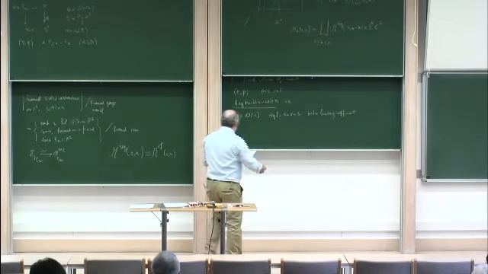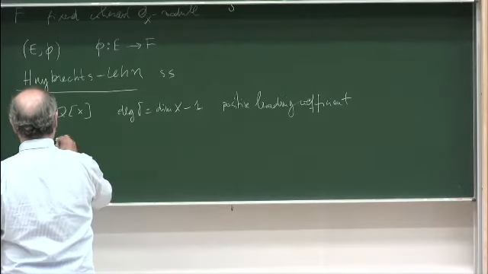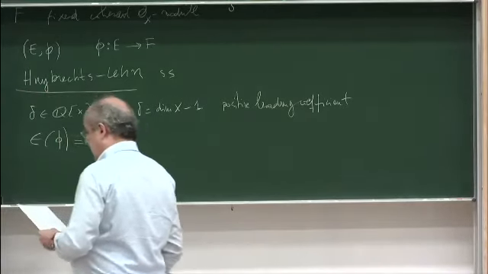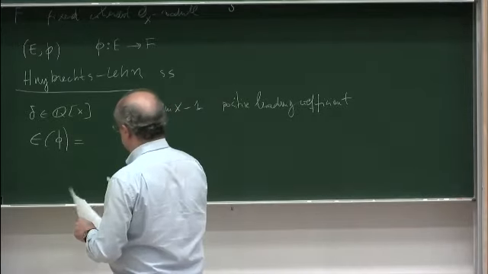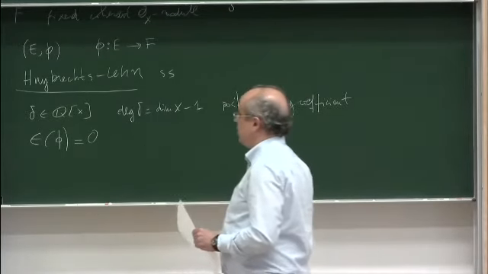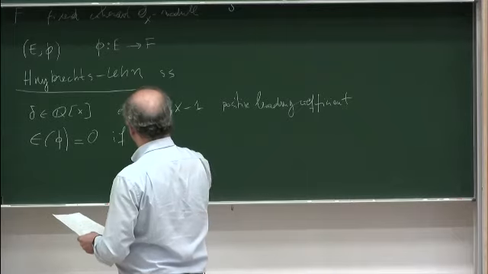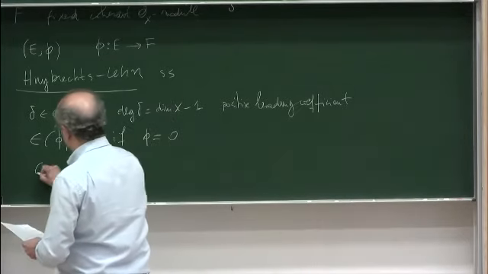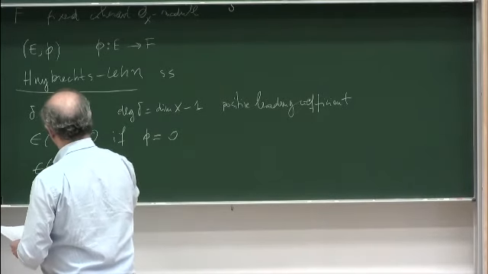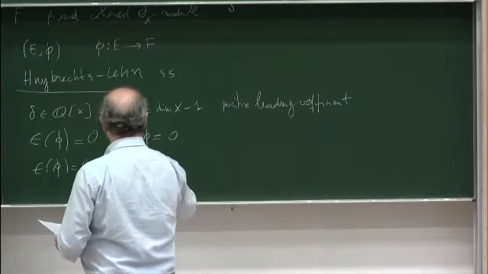In order to do that, we simply introduce an object epsilon of phi, which is 0 if the framing is 0, and is 1 if the framing is not 0.